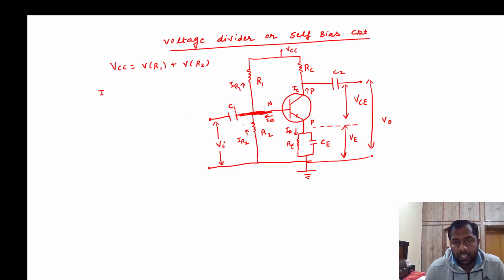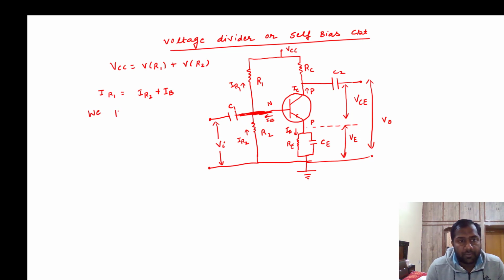We know that IB and IR1 are going in this way, so if we apply the junction rule, I can write IR1 is equal to IR2 plus IB, and we know that the value of IB is very small.